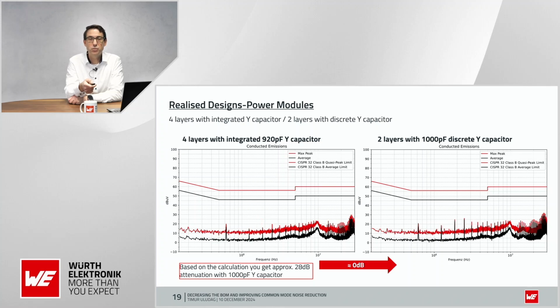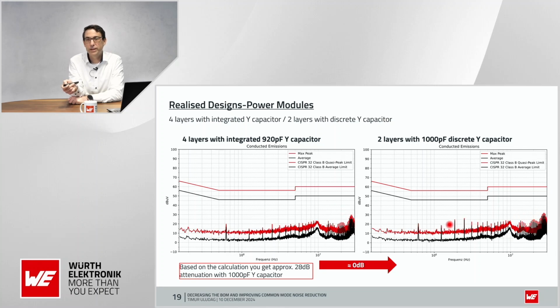If we then do the same exercise as for the 100 and 130 picofarads version, you can see that if we place a 1000 picofarads discrete capacitor on the 2-layer design, we have nearly the same shape and nearly the same values.